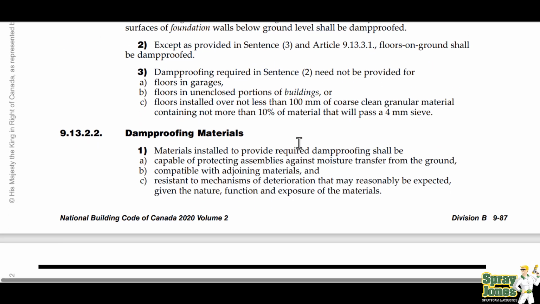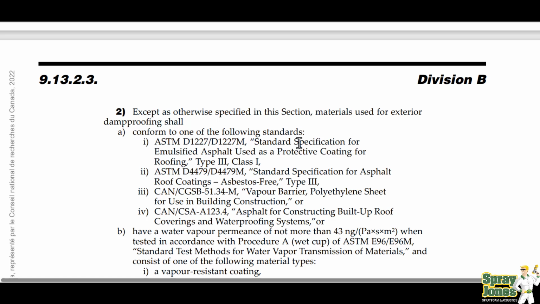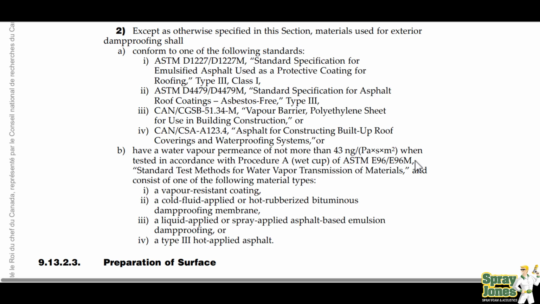And when they list damp proofing materials, they don't go into any great detail on the actual products listed for spray foam insulation. They're going to list out here protective coatings for roof, asphalt coatings, vapor barrier, polyethylene sheet, asphalt for construction, built-up roof coatings and coverings, and waterproof systems.